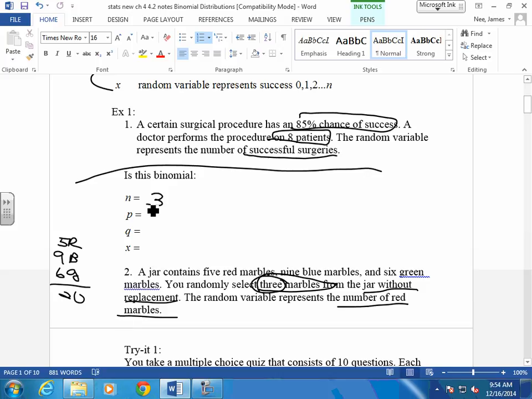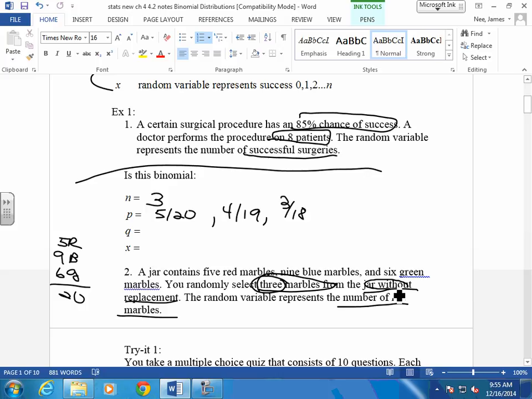What's the probability of a red? 5 out of 20. Now, the next time I run this experiment, is it still 5 out of 20? The next time I go to pull a marble? No. What is it? 4 out of 19. And then the next time? 3 out of 18.